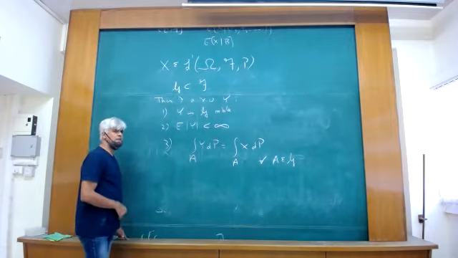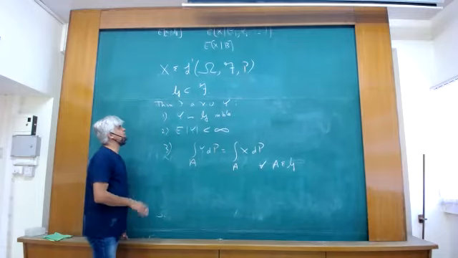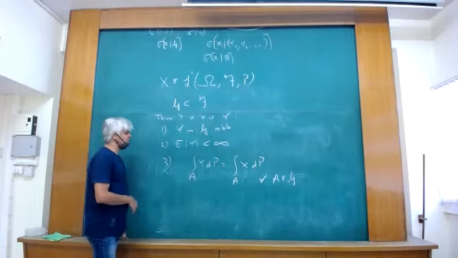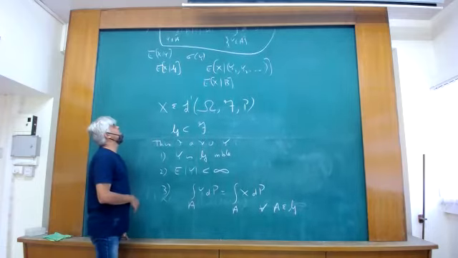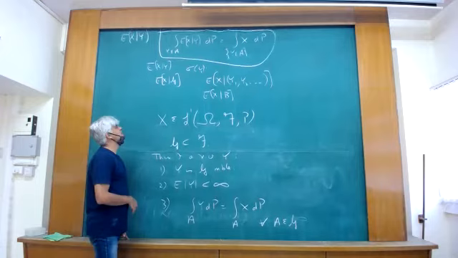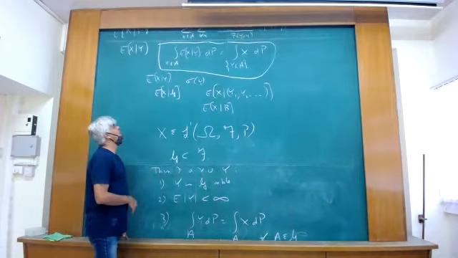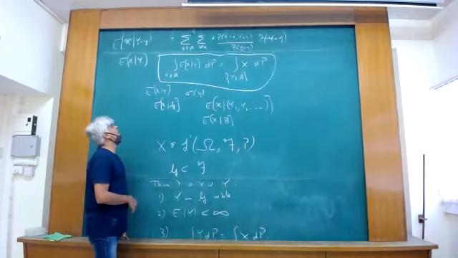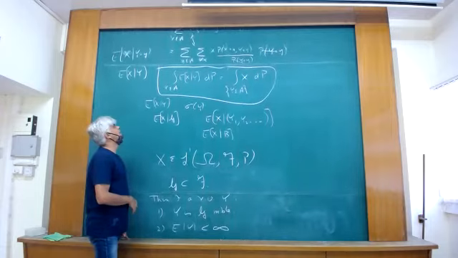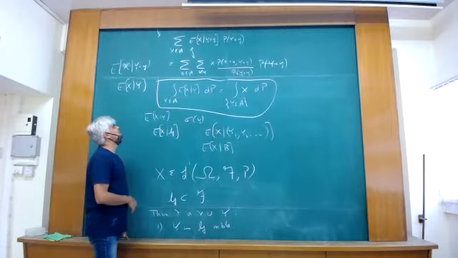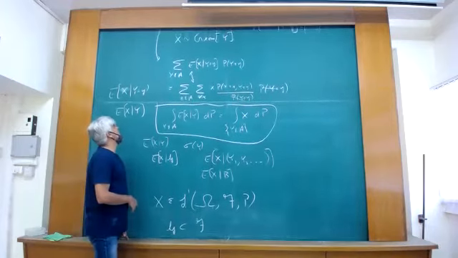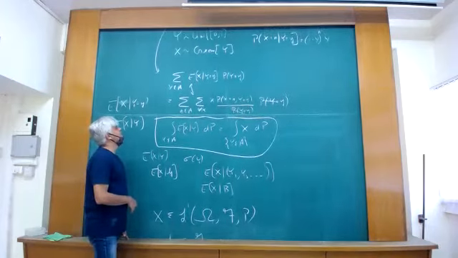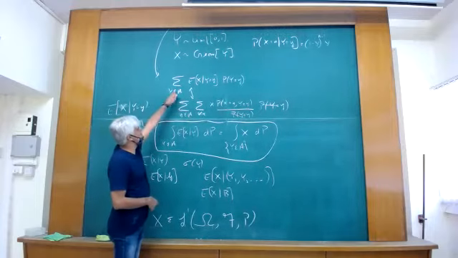By the way, I should say one thing before we go further here. There's a big jump between the last blackboard and the new blackboard, between this equation being equal to this equation.